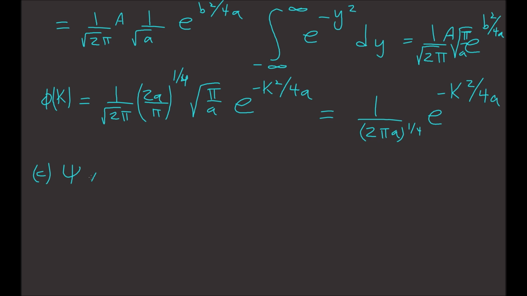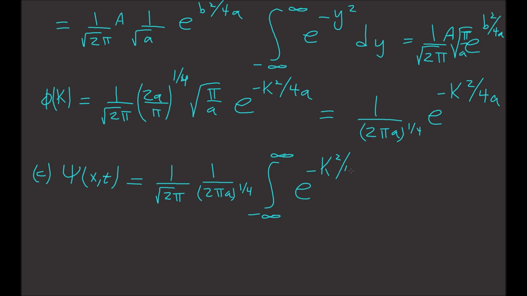So psi of x comma t is equal to 1 divided by square root of 2 pi, right, times 1 divided by 2 pi a to the 1/4 times the integral from negative infinity to infinity of e to the minus k squared over 4a times e to the i times k x minus h bar k squared over 2m times t, dk.